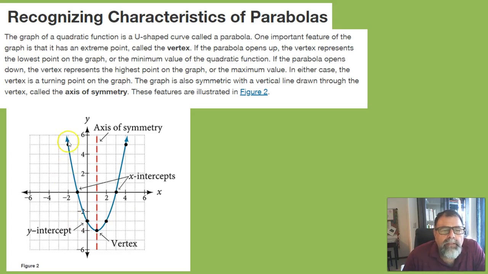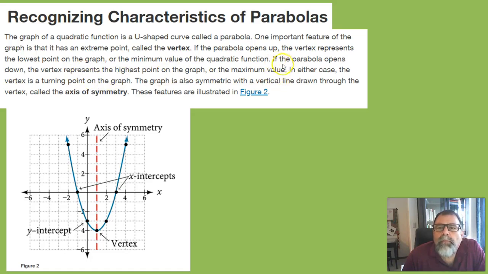So in this case, this parabola has a minimum value of -4, and it happens when x equals 1. Since the parabola opens up, the minimum value occurs at the vertex, and it's the y value, which is -4.